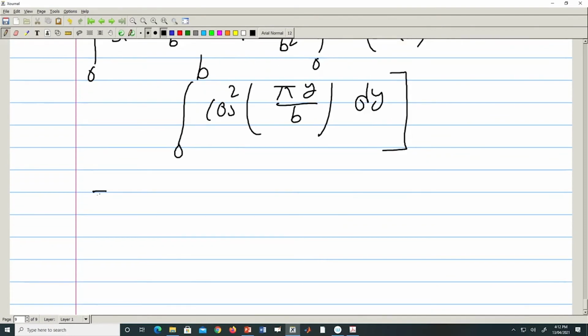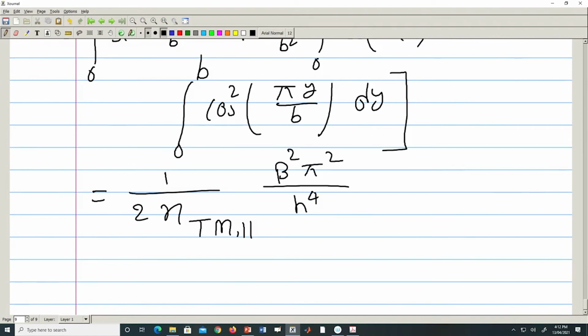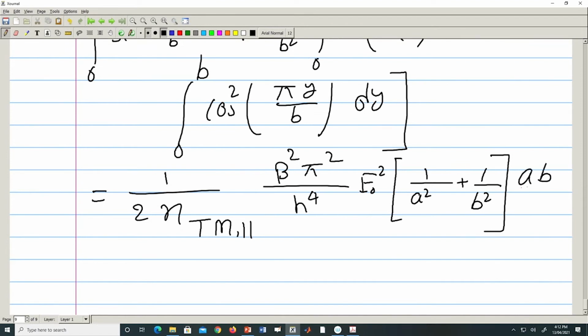So, from this we will get 1 by 2 eta TM11, beta square pi square divided by h to the power 4, E naught square, into 1 by a square plus 1 by b square, and both the integrals will give a by 2 and b by 2, and outside it will be a b by 4 that we have taken.